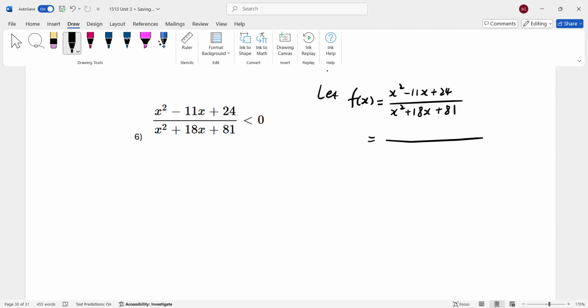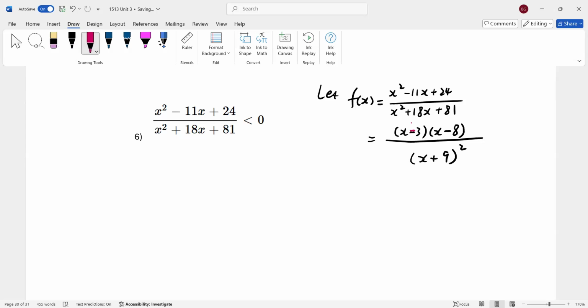Factor them both. Yeah, factor both top and bottom. Very good. Numerator, x minus 3, x minus 8. -3, -8, multiply to 24 positive, add up to -11. Denominator, x plus 9, x plus 9. Is actually x plus 9 squared.